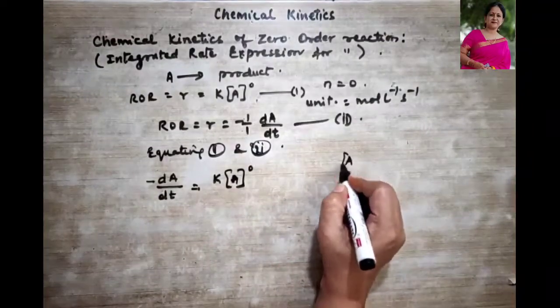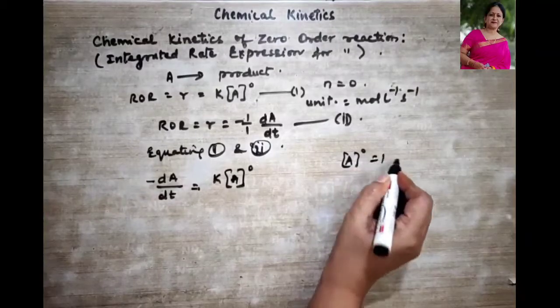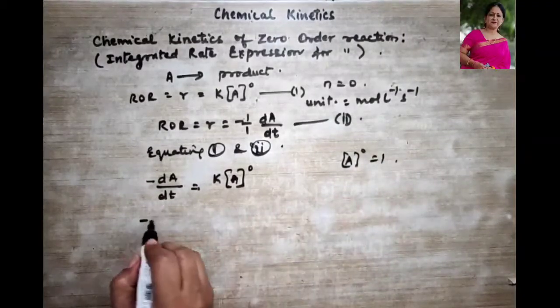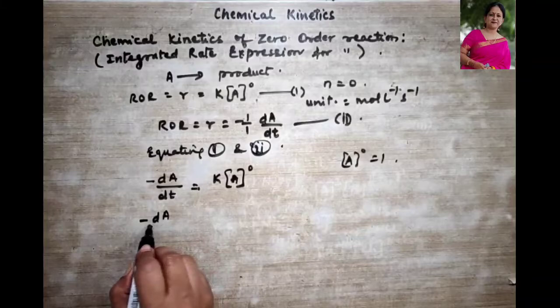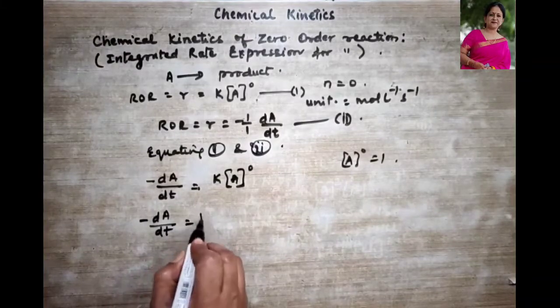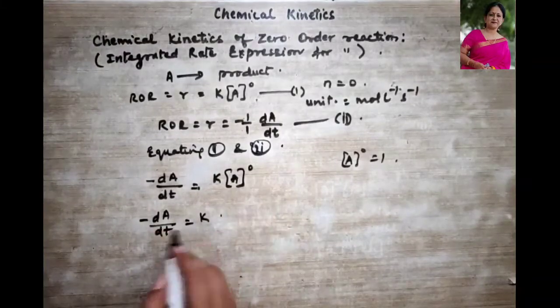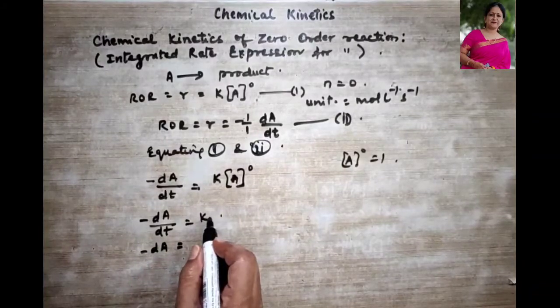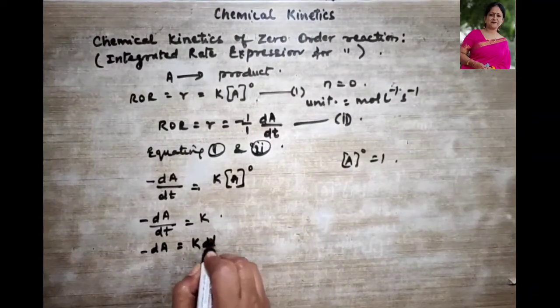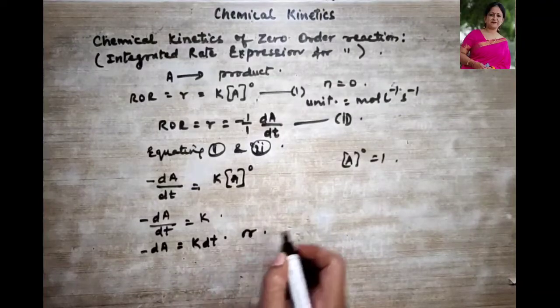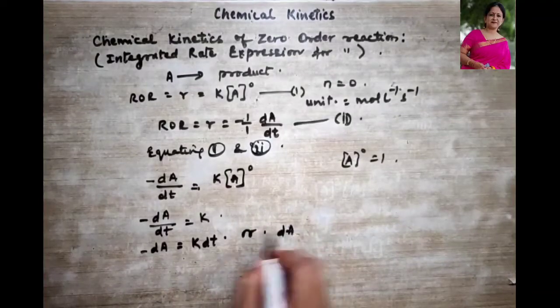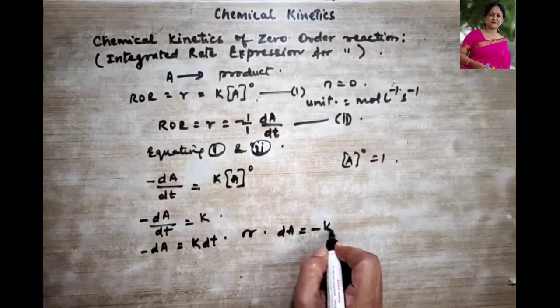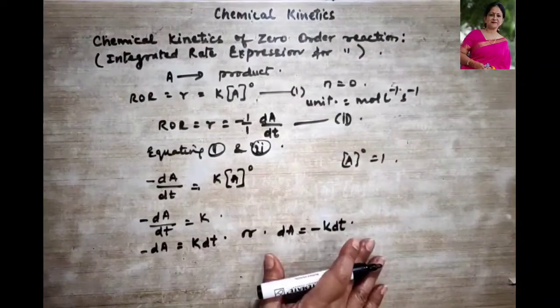Now we know this is equal to 1, right? So minus dA upon dt is equal to k. Okay. Now if we take dt to this side, we can also say that dA is equal to minus k dt, right?